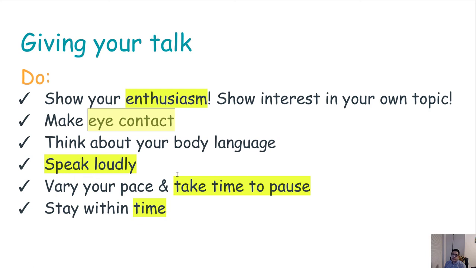Pausing can be a very interesting and strong tool to get more attention to the particular message that you are trying to give in a talk. If you just talk without any break, sometimes people can lose interest.